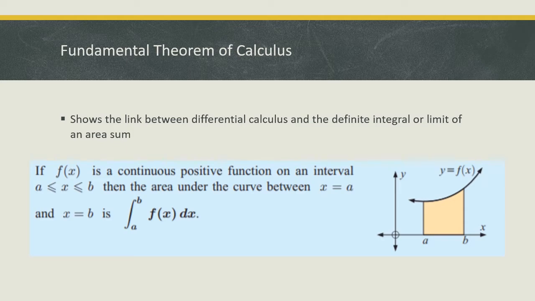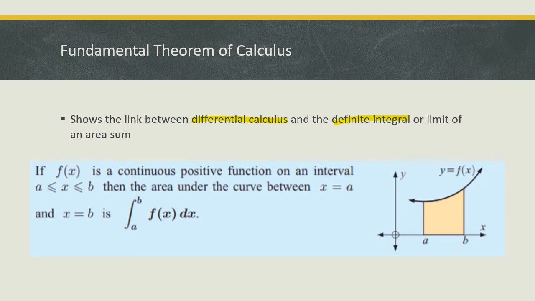Over here we have the fundamental theorem of calculus. It essentially shows the link between differential calculus and the definite integral, or rather the limit of an area sum. As you can see in the graph, we have the equation y is equal to f of x.